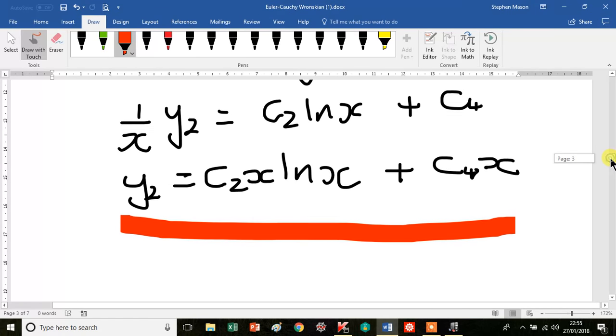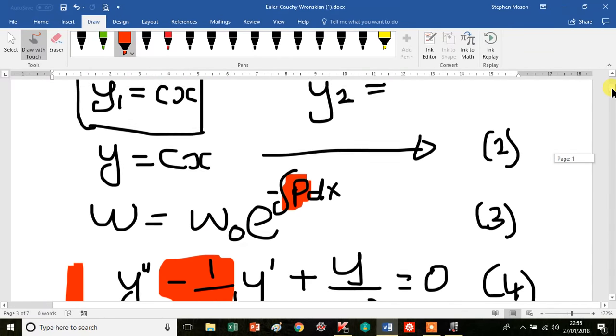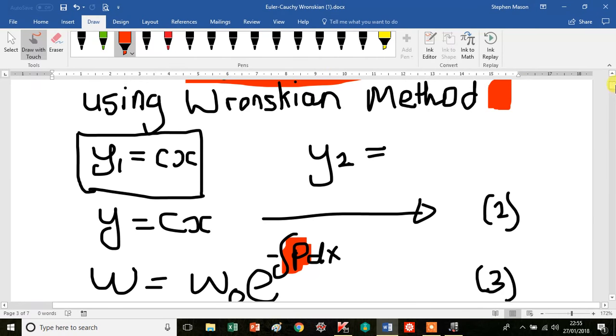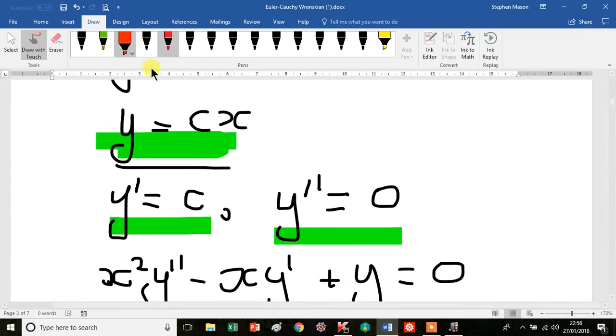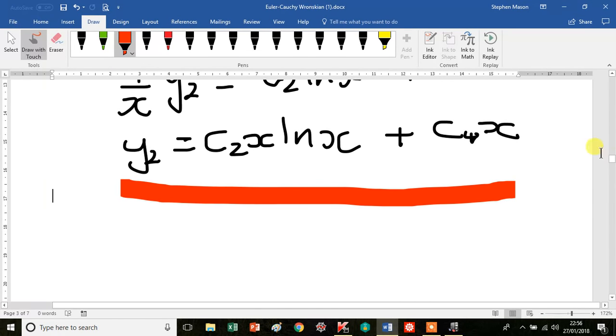How do we find the general solution? Well, we know that y1 is cx. I gave you it here, but we did work it out. So we've got y1 equals cx and y2 equals c2 x log x plus c4 x.